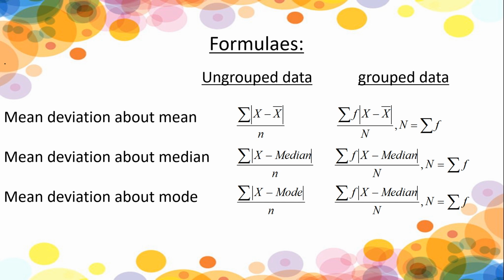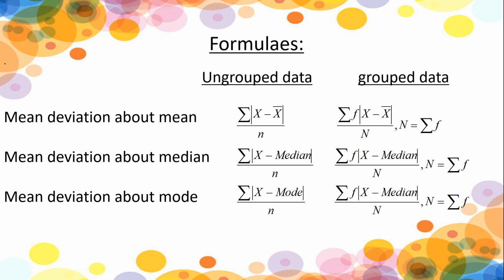The formula for ungrouped data is the ratio of sum of the absolute deviations of observations from mean to the number of observations given. And for grouped data it is the sum of the frequencies multiplied by the absolute deviations of observations from the mean to the total of frequencies.